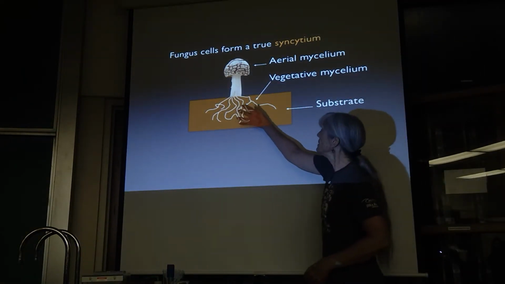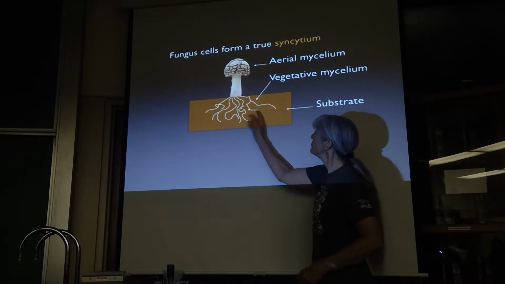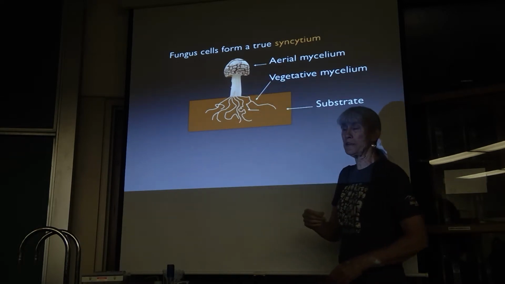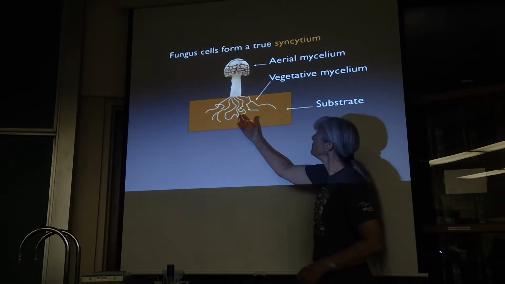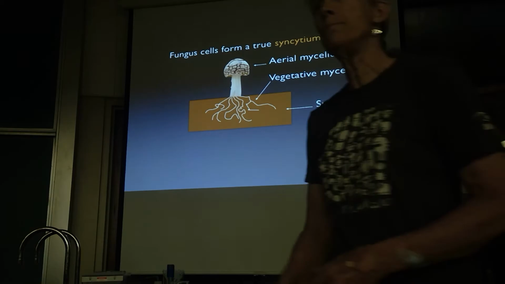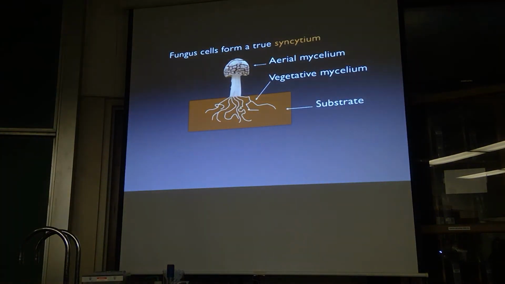The nutrients are down here. This is going to support the growth of that, which is going to come up and release a whole bunch of reproductive structures. It's really easy for nutrient to be passed from the vegetative mycelium to the aerial mycelium because the cells are all connected. They really do form a syncytium. By the way, that word syncytium is sometimes spelled S-Y-N and sometimes spelled C-Y-N. Don't ask me why.